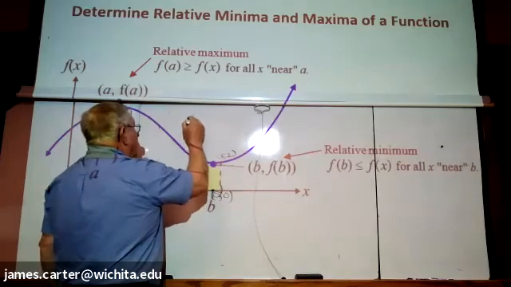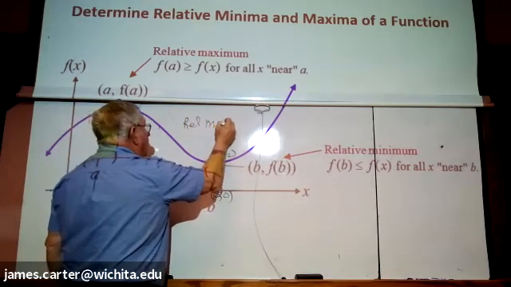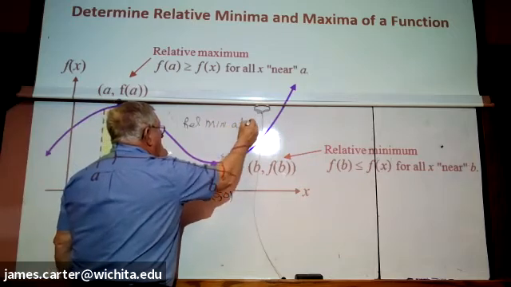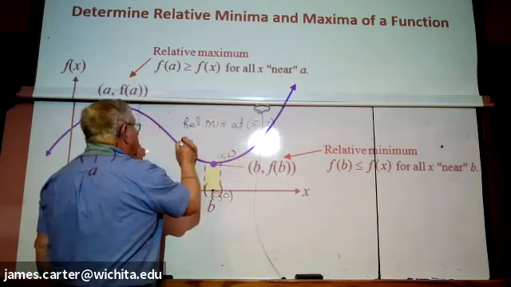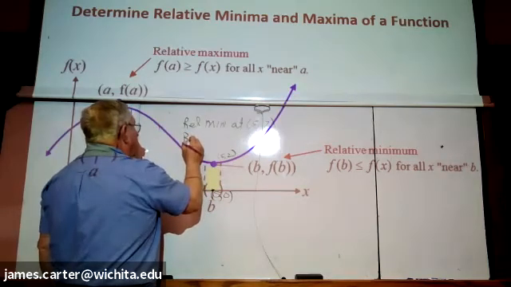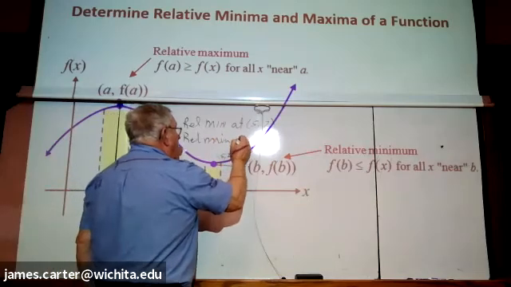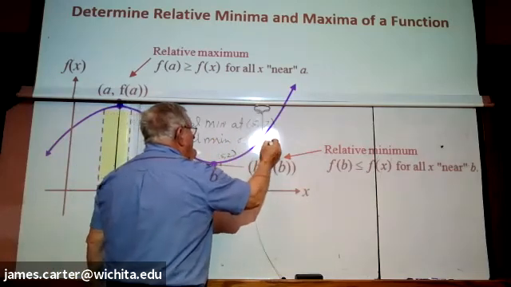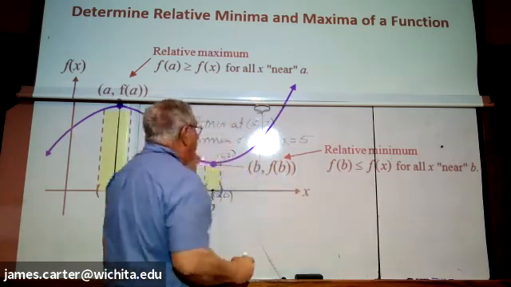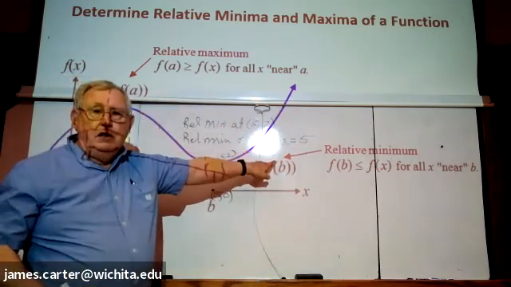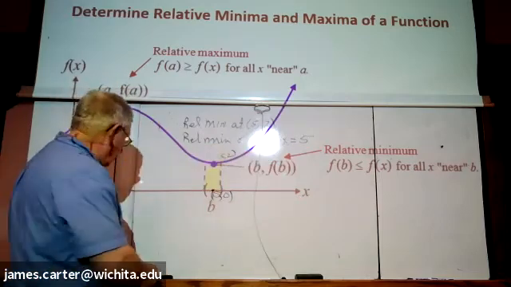You can say the relative minimum at 5, 2, or you can say relative minimum of 2 at x equals 5. And if I recall, ALEKS prefers this second method of putting in the value.